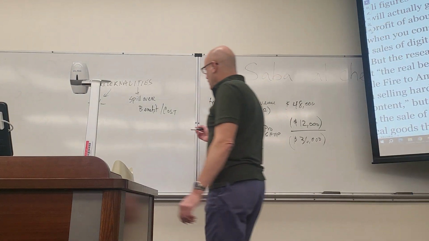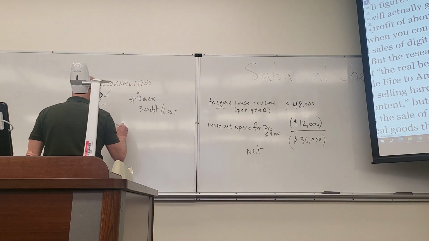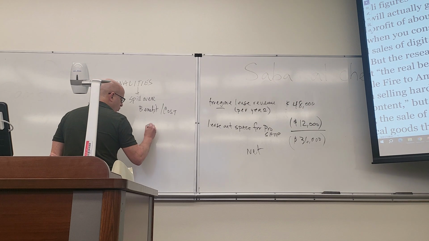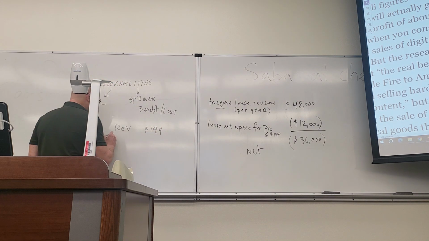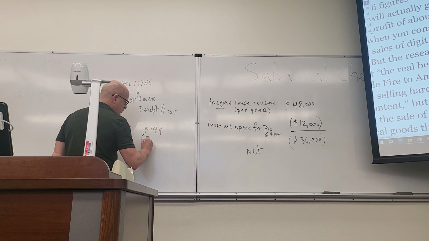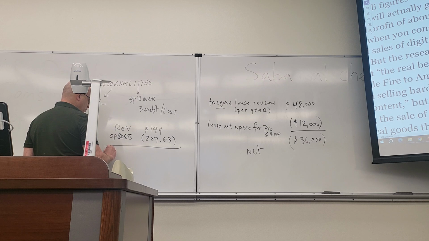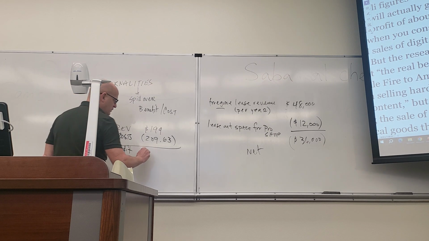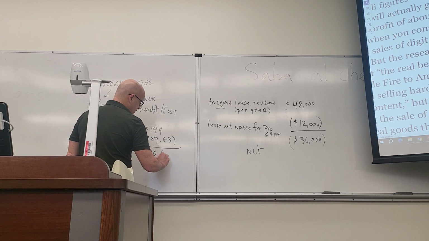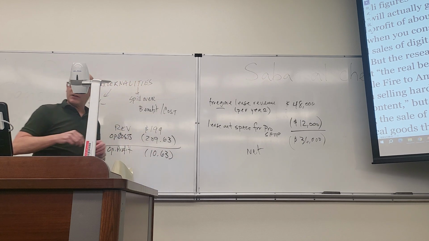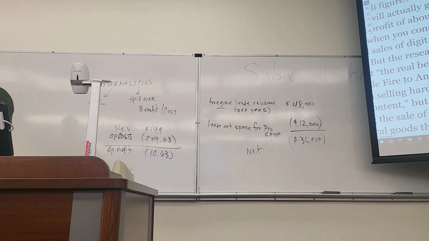So he was receiving revenue per unit of $199, and all of his operating costs were $209.63. So his operating profit, his EBIT per unit, he was losing $10.63 a unit, times however many millions and millions of Kindle Fires he was selling.